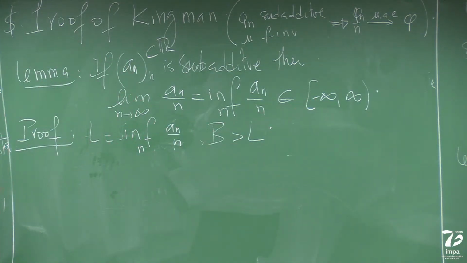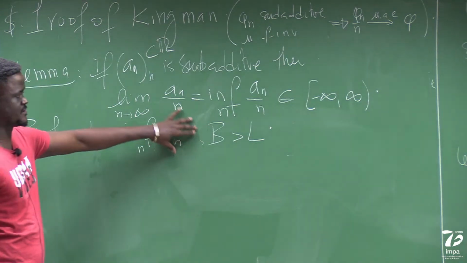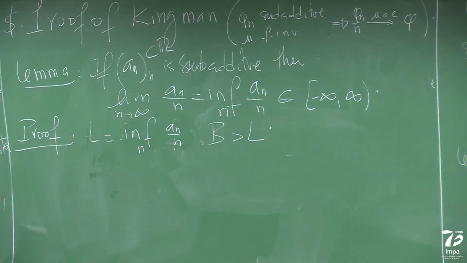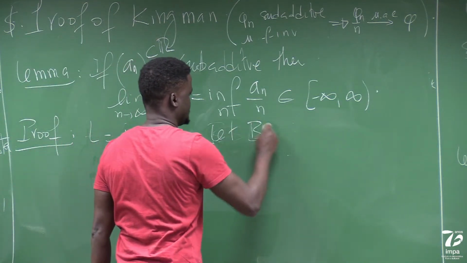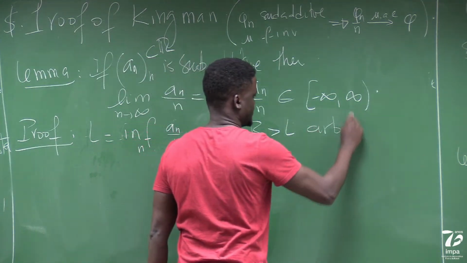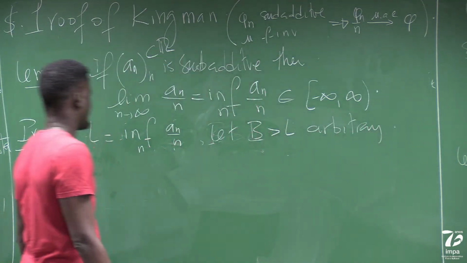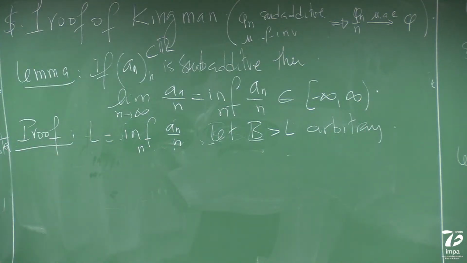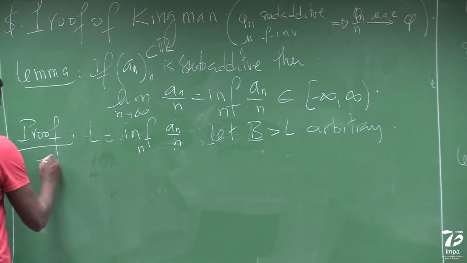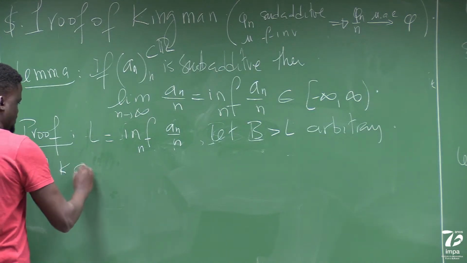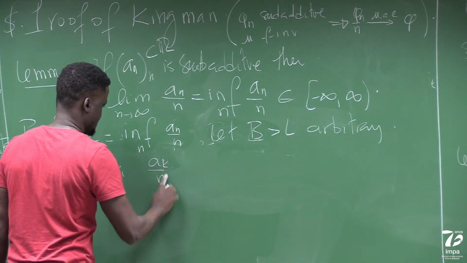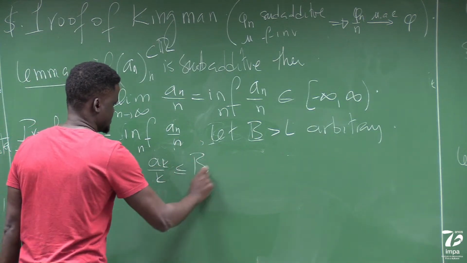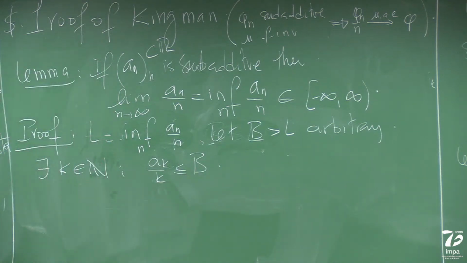We suppose that all of these guys are real, otherwise it's trivial. So let B be bigger than L, arbitrary. So at least we will have that there exists K such that a_K over K is less than B.